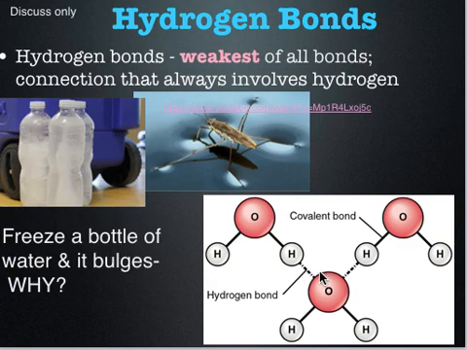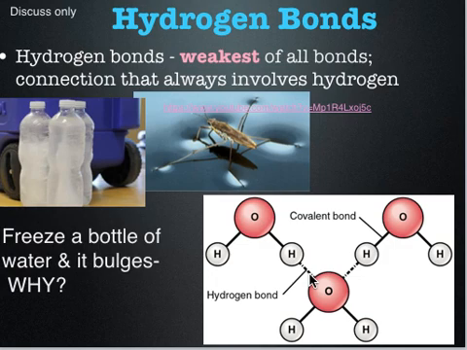That is because of hydrogen bonds. And it's a good thing, because if ice was not less dense than water, ice cubes would sink. And in the winter, lakes and ponds and oceans would freeze from the bottom up, and all fish and life in the water would die.